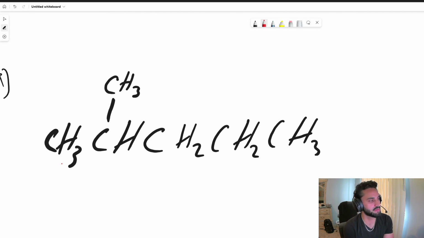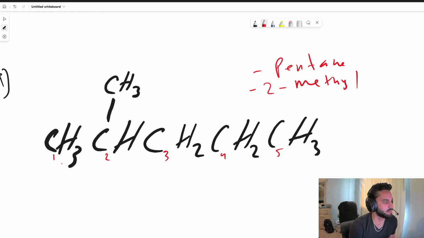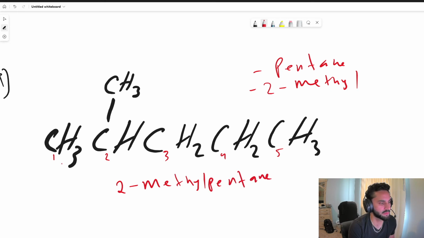So 1, 2, 3, 4, 5. Five carbons is a pentane, and we have a methyl group on carbon number 2. I would write it like this: 2-methyl pentane, and that's the name for that one.